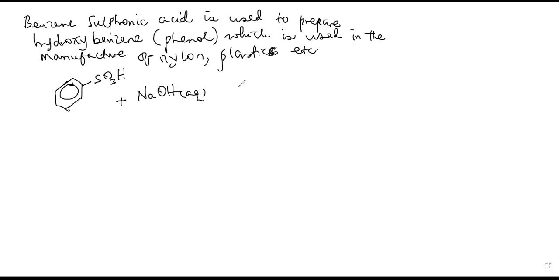So by adding aqueous sodium hydroxide, we're going to form a salt of benzene sulfonic acid, plus water. That salt we formed is fused with the solid sodium hydroxide.